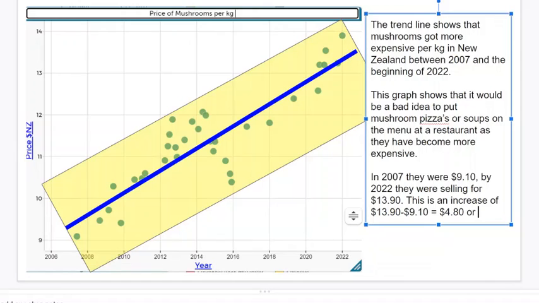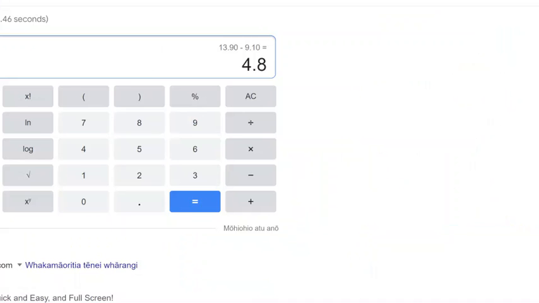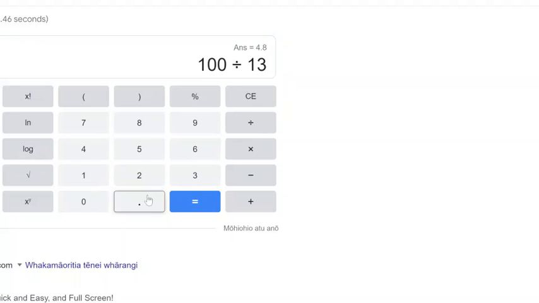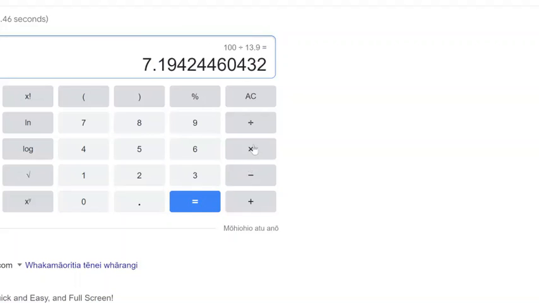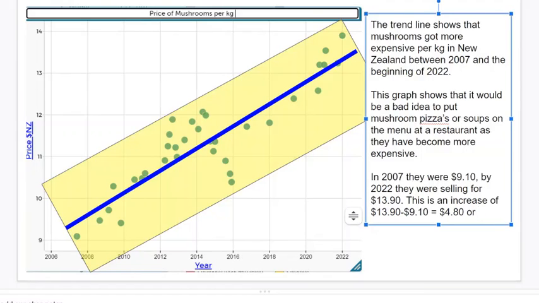So 100 divided by $13.90 times $4.80 is 34%.